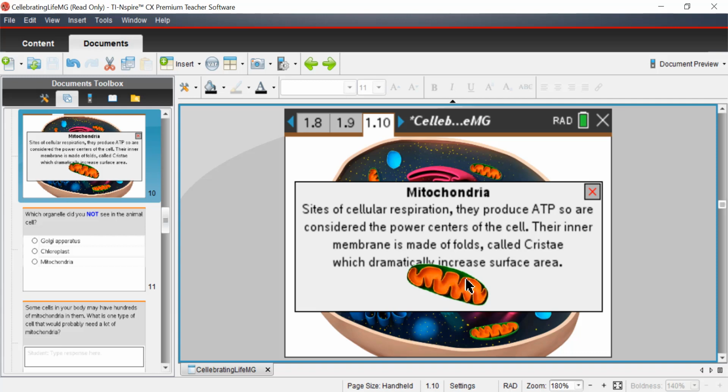These folds are called cristae, and they dramatically increase the surface area. So we can take a small structure like this, and by folding this membrane, we're able to generate more room for more things to happen within this organelle. Okay, so mitochondria produce energy.